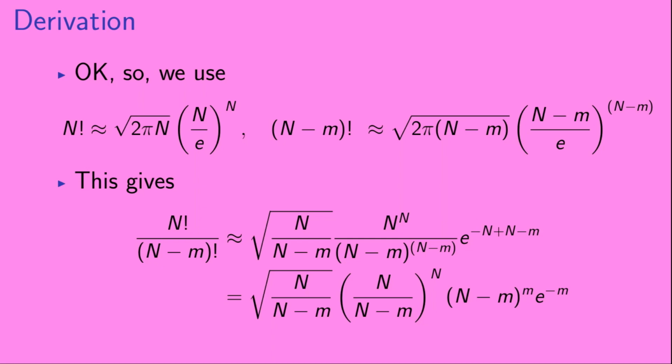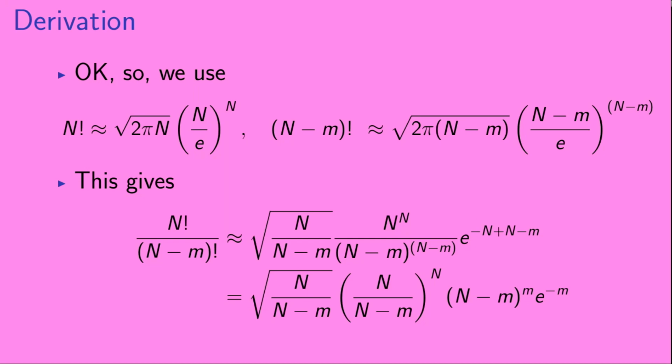Okay, so this gives us that n factorial over n minus m factorial is approximately equal to the square root of n over n minus m. And note that we had two factors of the square root of 2 pi. Those have canceled out.